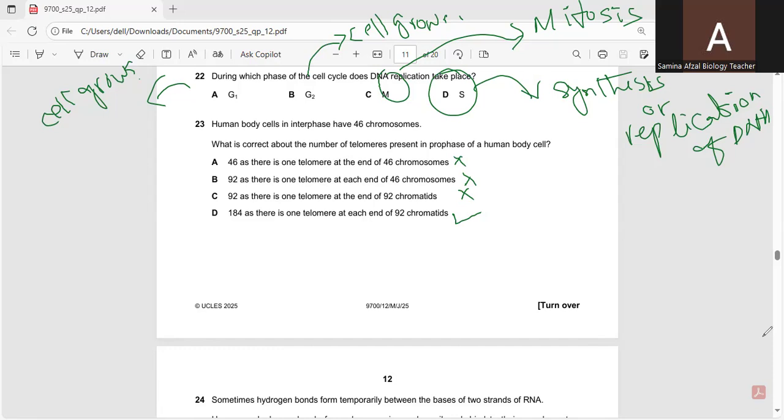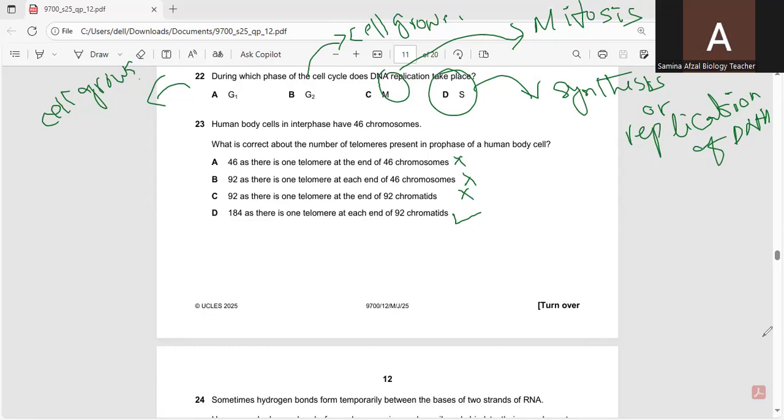So I will start with the S phase. Already in question number 22, I have described that the replication of DNA takes place during interphase, due to which an identical copy of the sister chromatids is created.